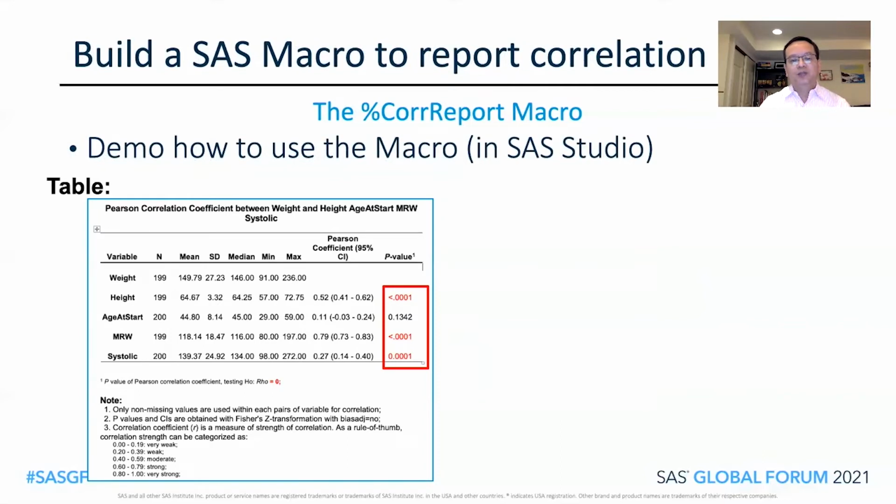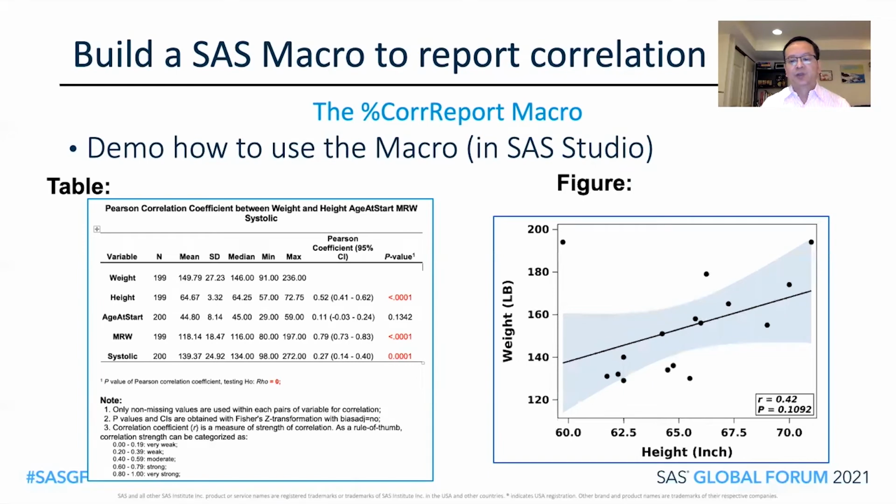The added feature here is when the p-value is less than 0.05, it's labeled in red. And under the table, you will see notes to help you interpret this correlation coefficient. You will see whether it's a strong, moderate, or weak correlation.